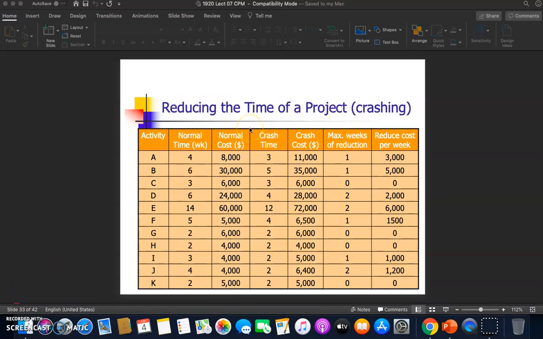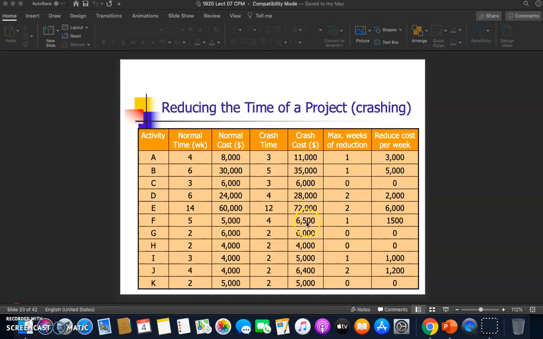This is how we can reduce the time of a project. For example, activity A, normal time 4 weeks, normal cost 8,000. So we can crash the time to 3 weeks, meaning that we can reduce 1 week and it will cost 11,000. So the reduced cost per week is 3,000.